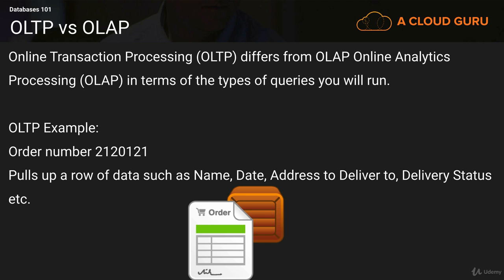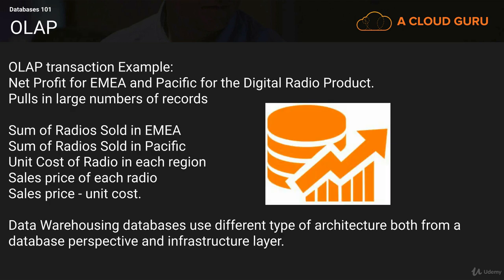If you think about just online shopping carts, when you go and order something, you're creating an OLTP transaction. OLAP, or online analytics processing, is what we use for data warehousing, which is what I was talking about earlier. So this is a good example. Maybe management want to know the net profit for EMEA, so that's Europe, Middle East, and Africa, as well as the Pacific, for a digital radio product.